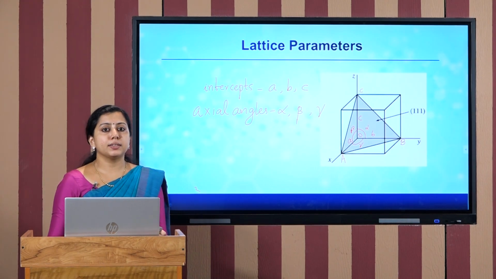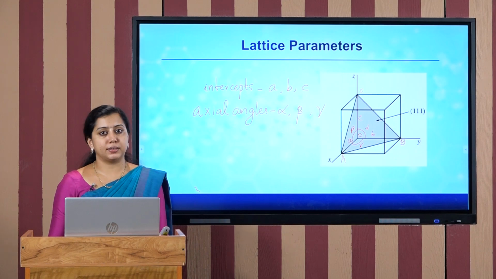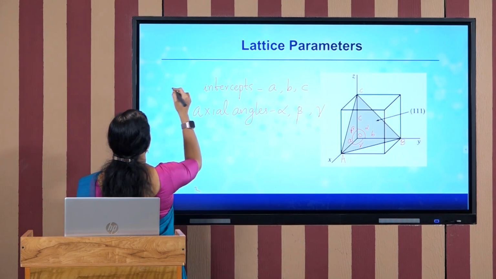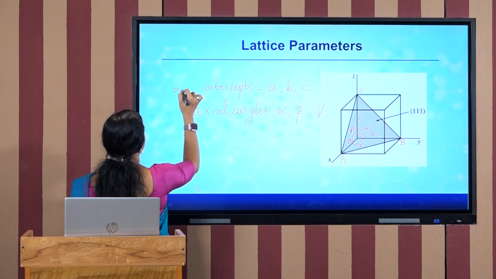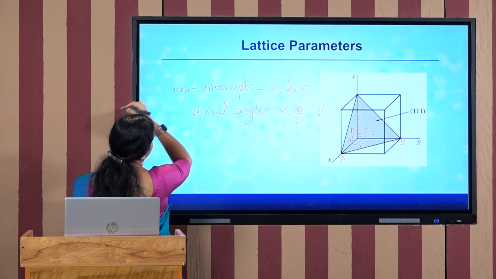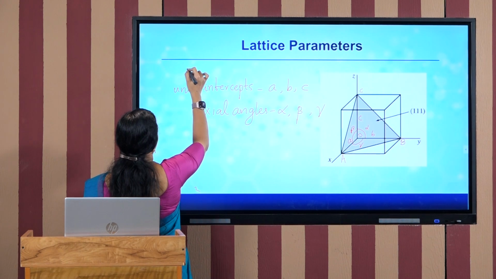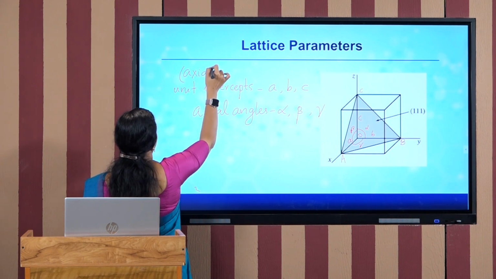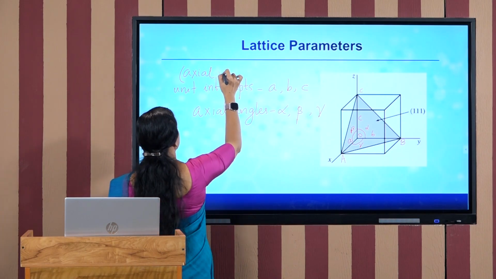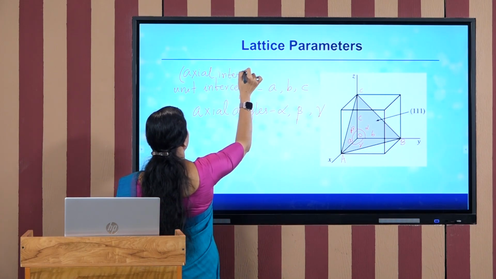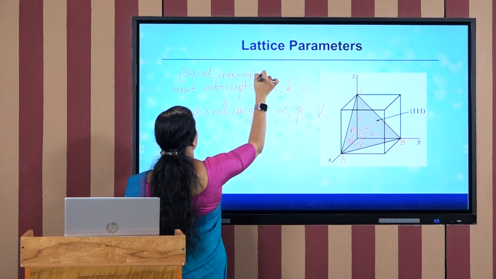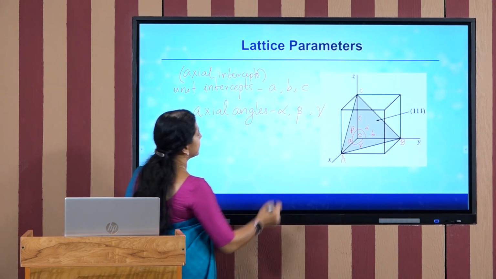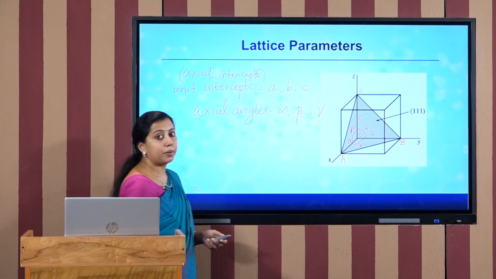So, we have the intercepts, which we may call unit intercepts, or axial intercepts, denoted as A, B and C, and the axial angles alpha, beta and gamma.